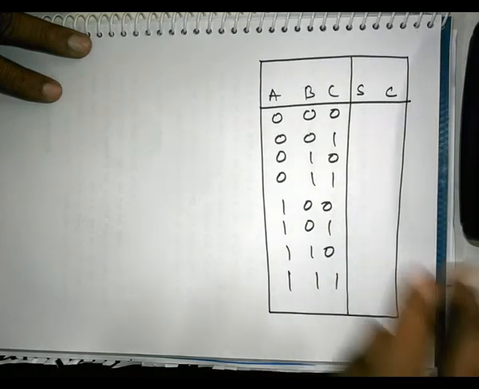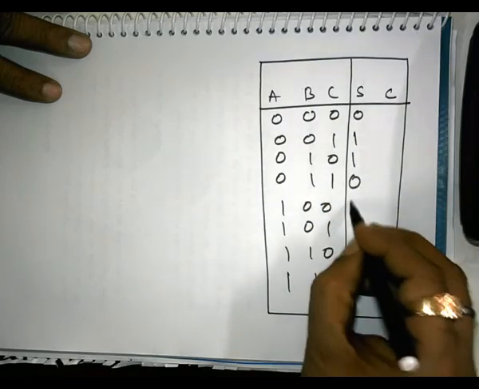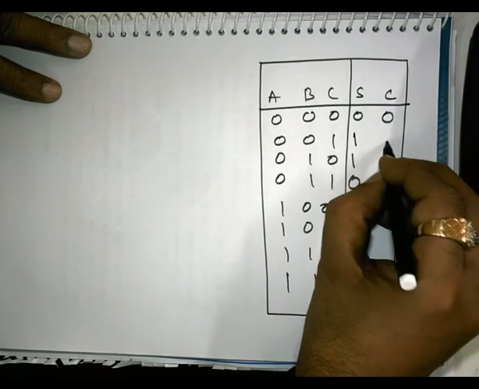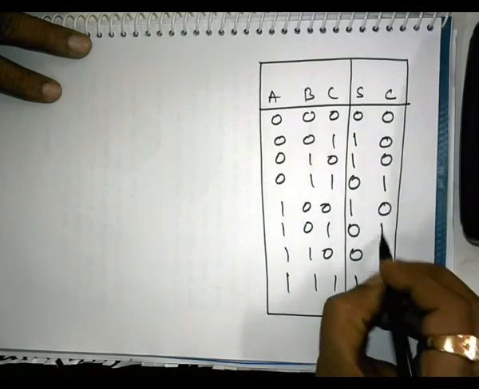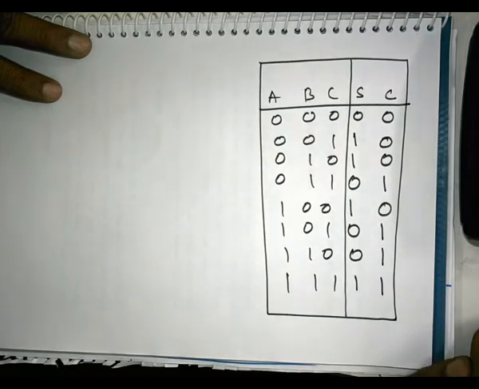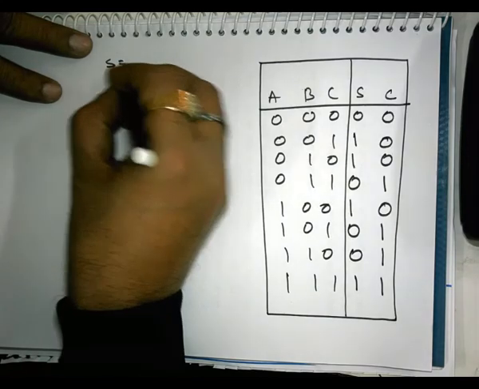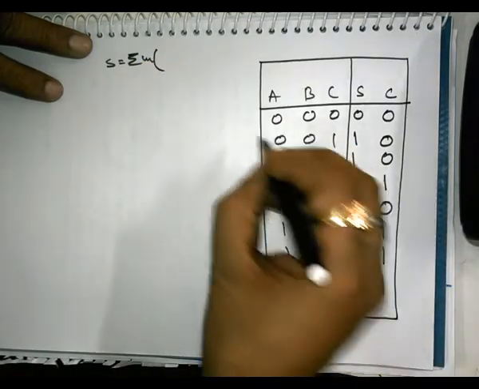These are the possible inputs, and sum is 0, 1, 1, 0, 1, 0, 0 and 1. Carry is 0, 0, 0, 1, 0, 1, 1 and 1. Okay. So for sum, what are the min terms which are 1?